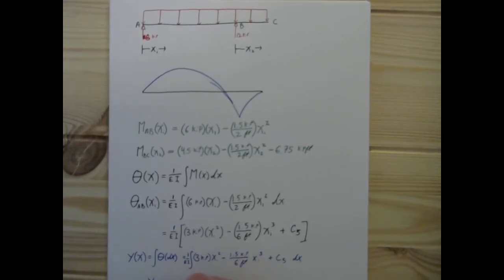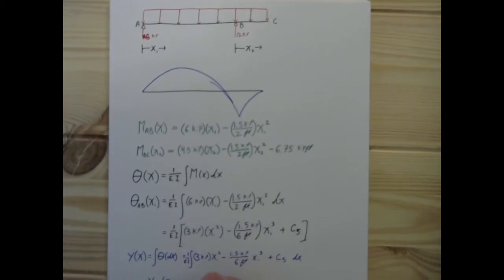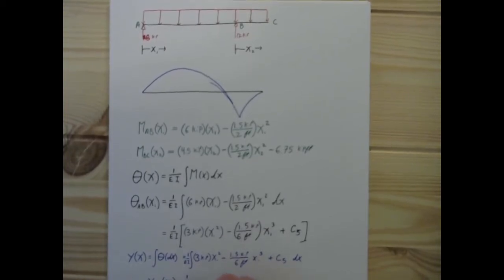That gives the distribution of deflection from A to B as a function of x1, which is going to be 1 over EI. Don't forget that. You're going to get ludicrously high numbers if you do.